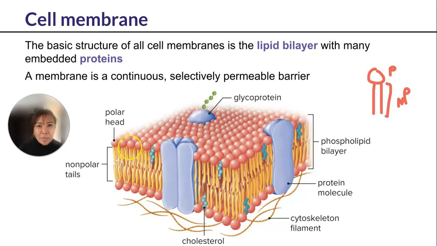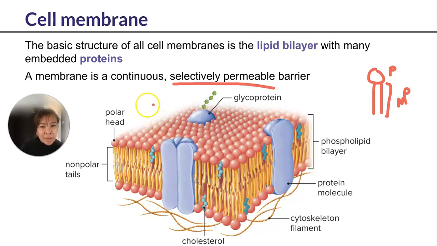And so the cell membrane is continuous and is selectively permeable. What I mean by that is, even though it's a layer, it serves as a boundary because it doesn't let just anything go back and forth. Certain small polar molecules can go back and forth.